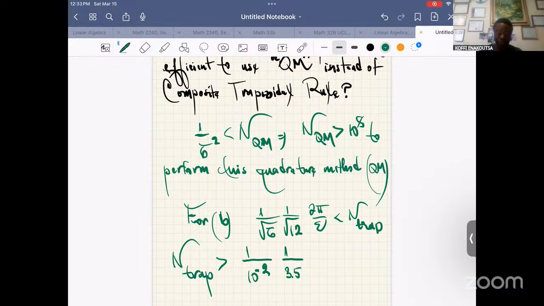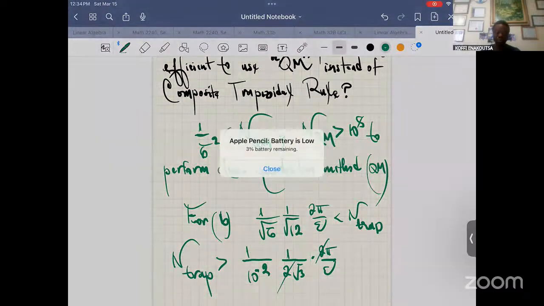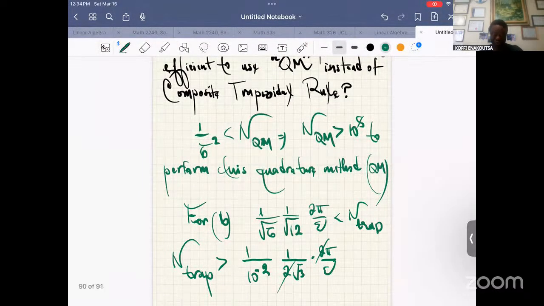Then 2 pi divided by epsilon, that is one of the things we can do over here. So we can say that it's 1, 2, root of 3, 2 pi divided by epsilon, and we can simplify the 2.